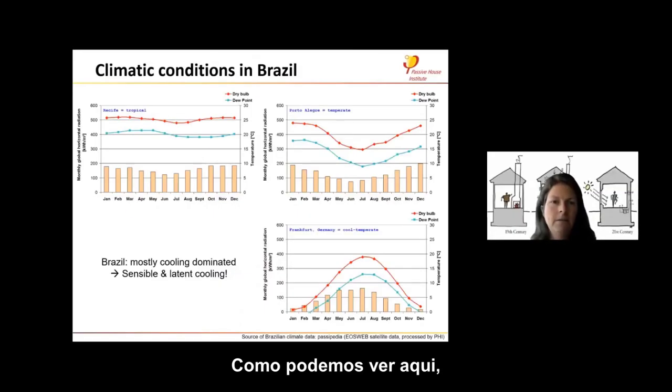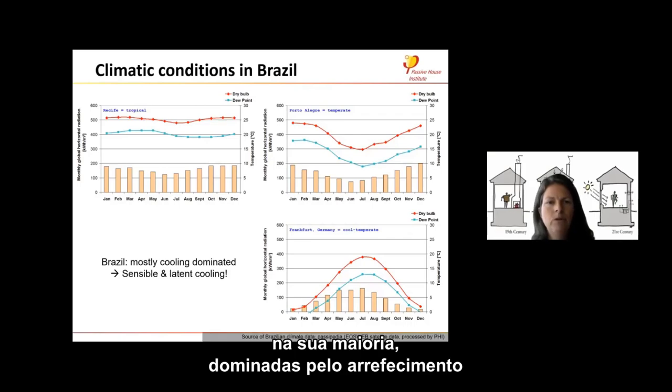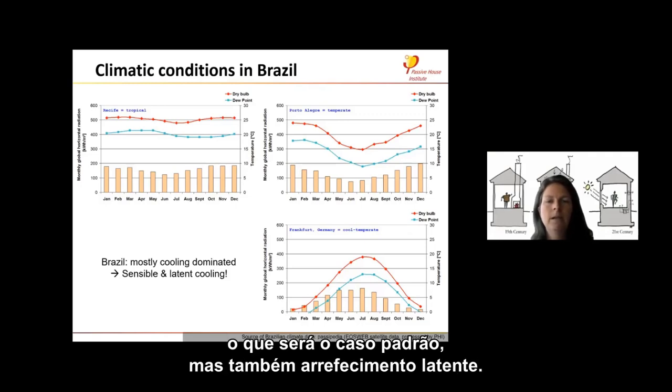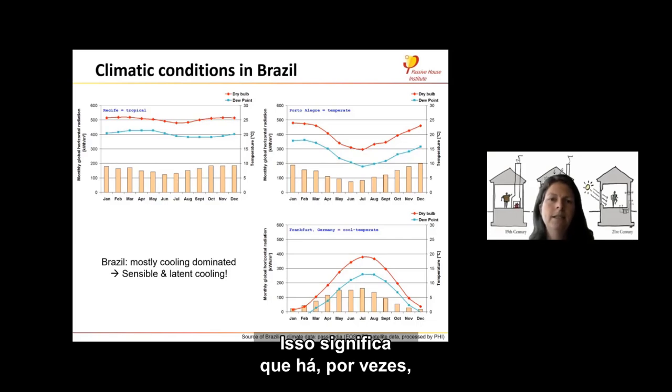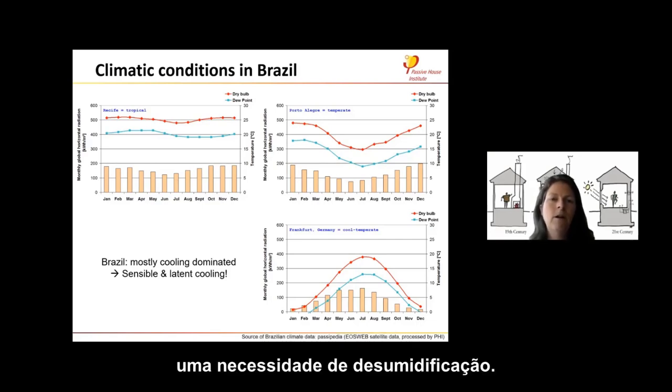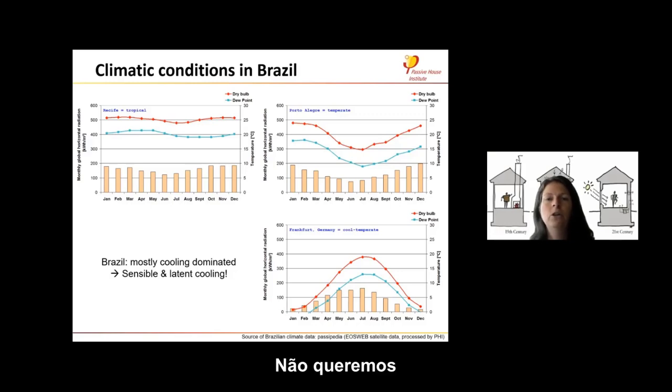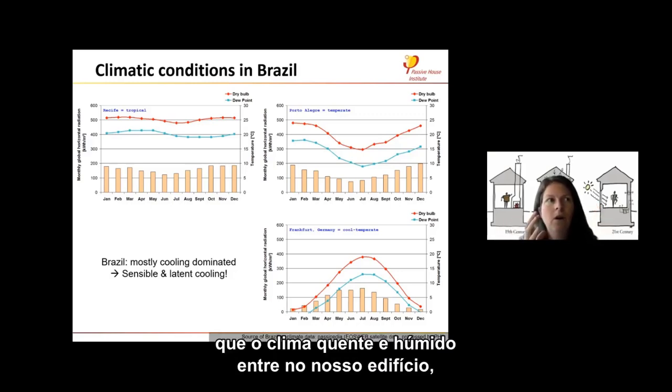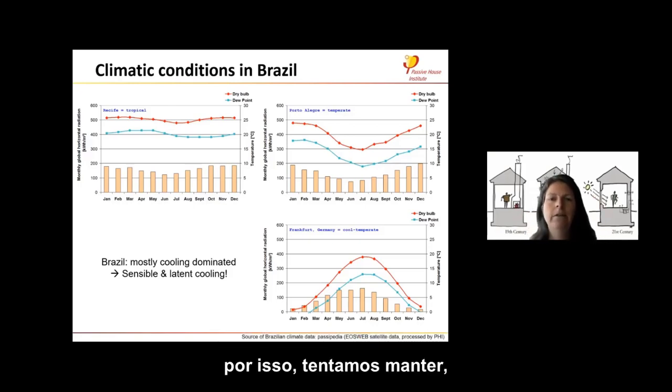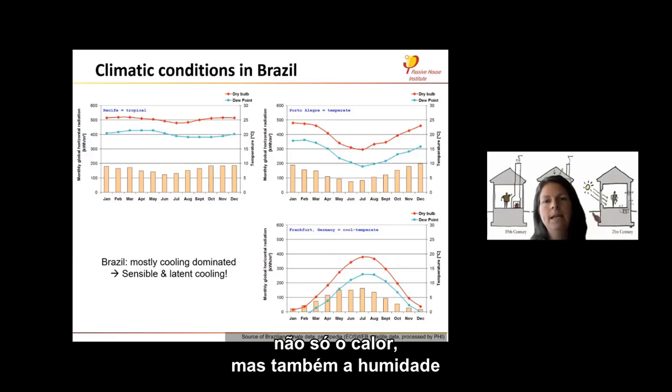As we can see here, the different cities are mostly cooling dominated, and we have not only sensible cooling, which would be the standard case, but also latent cooling. So that means there is sometimes a need for dehumidification. We don't want the hot and humid weather to enter into our building. So we try to keep not only the heat, but also the humidity outside of our buildings.